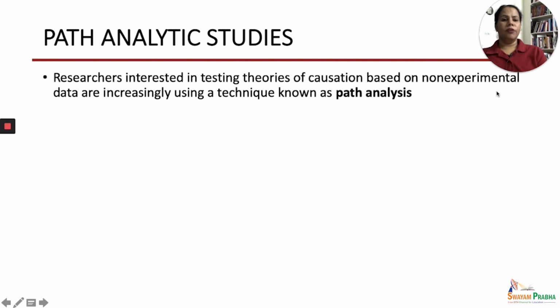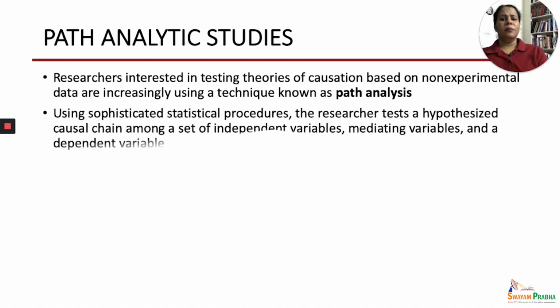But through non-experimental research we can study the theory of causation using the technique of path analysis. Path analysis is also sometimes called causal analysis. Here we particularly use sophisticated statistical methods, and the researcher tests a hypothesized causal chain.